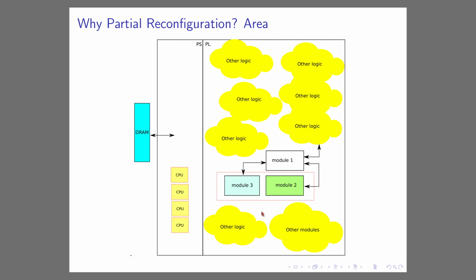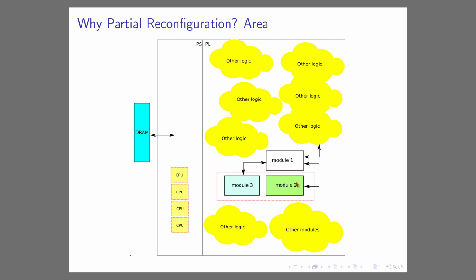What they usually do is they sit and analyze which blocks are not needed at the same time and have kind of similar area. Then they take a piece of the silicon, a piece of their programmable fabric, and each time they partially reconfigure that area with the function that they need.